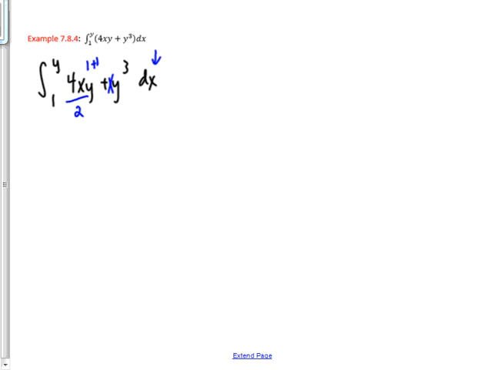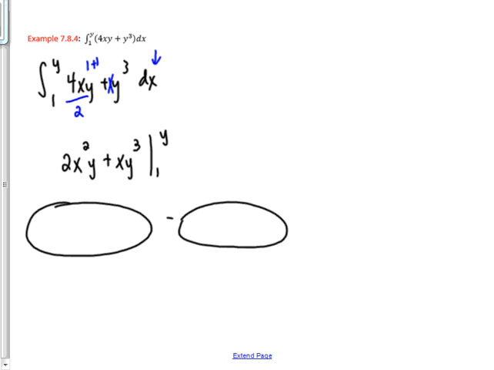Okay, so this becomes 2x squared y plus xy cubed from 1 to y. So let's plug in. So I integrated x, plug in for x. 2 times y squared y plus y times y cubed. Alright, and here I'm plugging in 1. 2 times 1 squared y plus 1 y cubed.